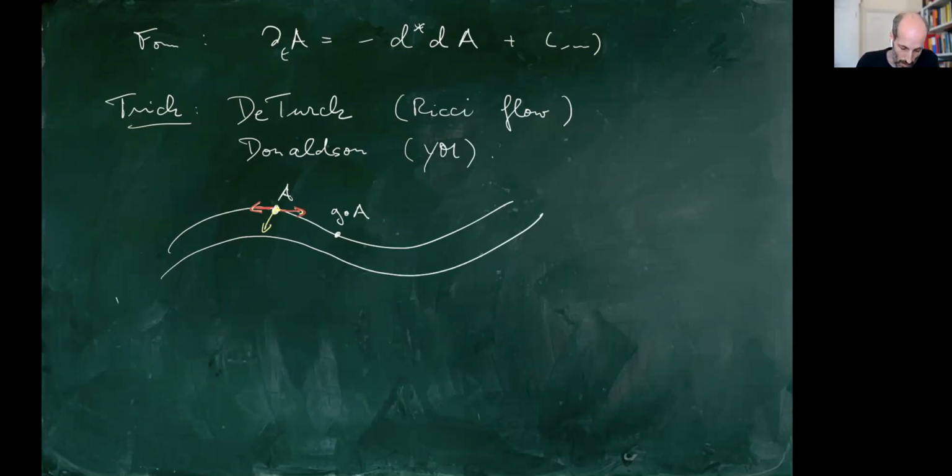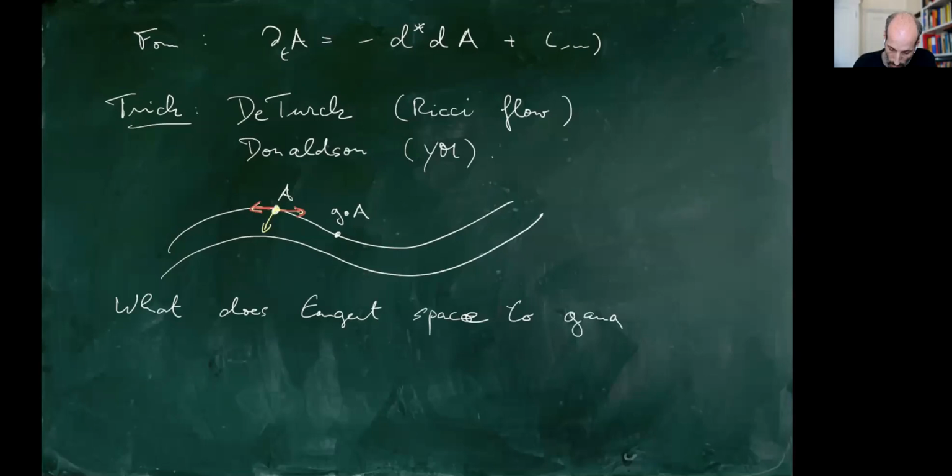So now, what does the tangent space to the gauge orbits look like?